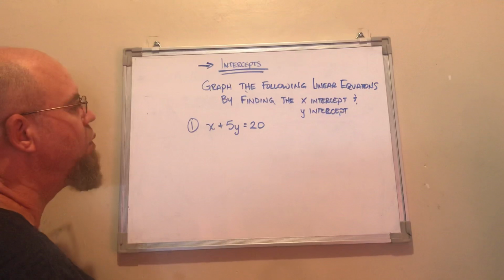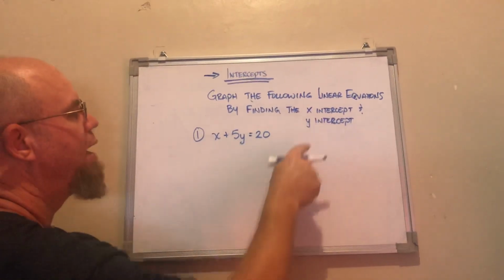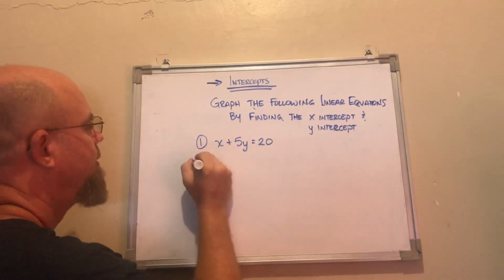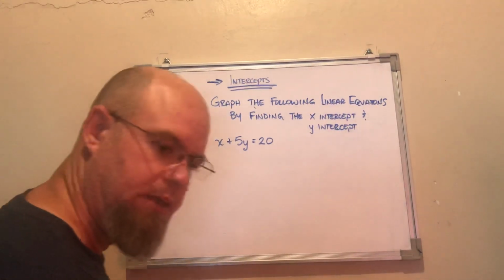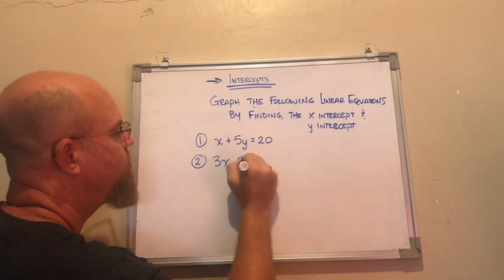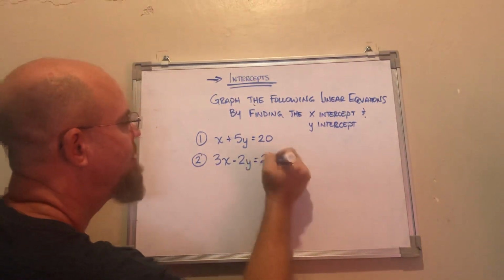That is a linear equation. I want you to find the x-intercept and the y-intercept, graph it, and draw the line. Second one is going to be 3x minus 2y equals 27.